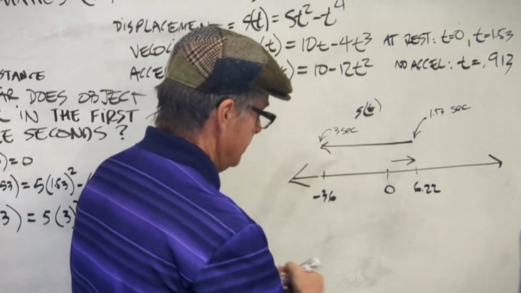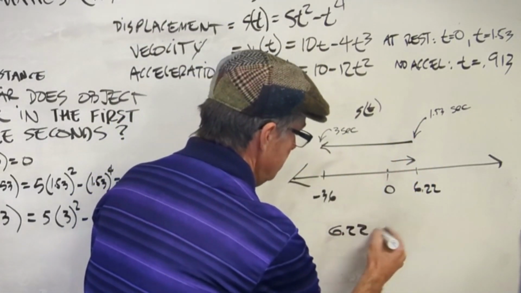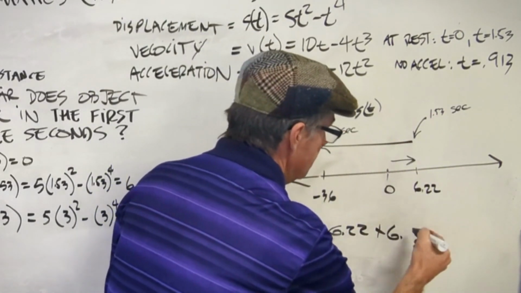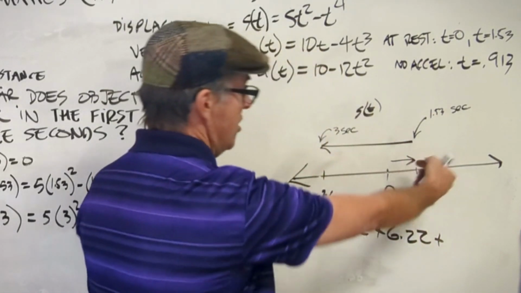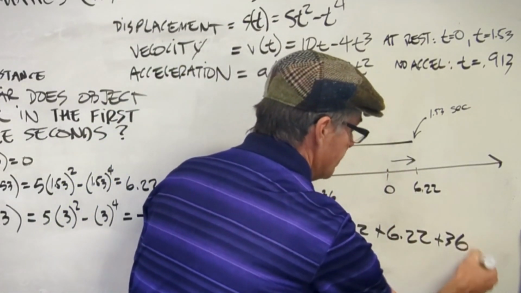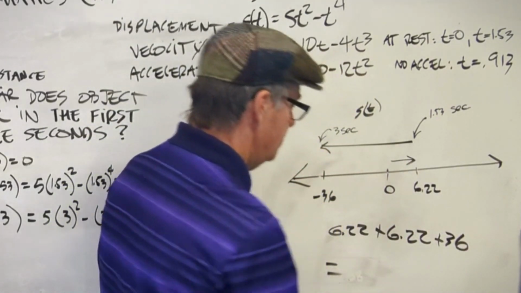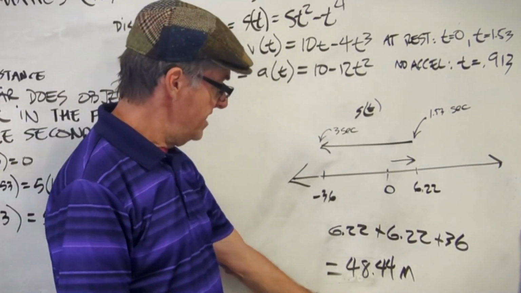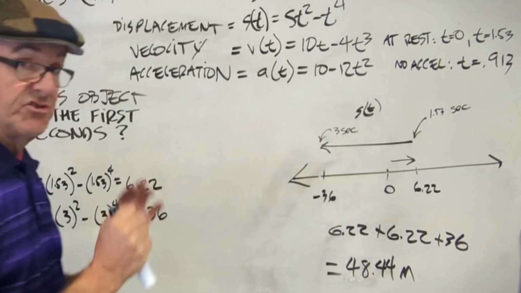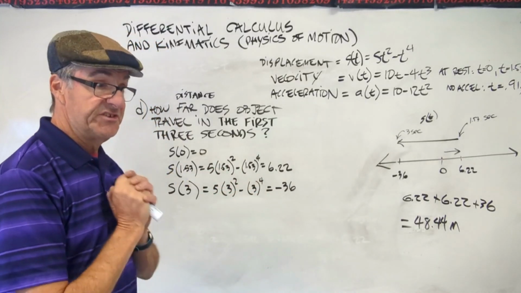So this would be 6.22 plus, now we have another 6.22 to get back to the 0, and then we have 36 from the 0 to here. So that would be another 36. So you add that together. When you add them together, you get 48.44 meters. That's the total distance traveled in the first 3 seconds.